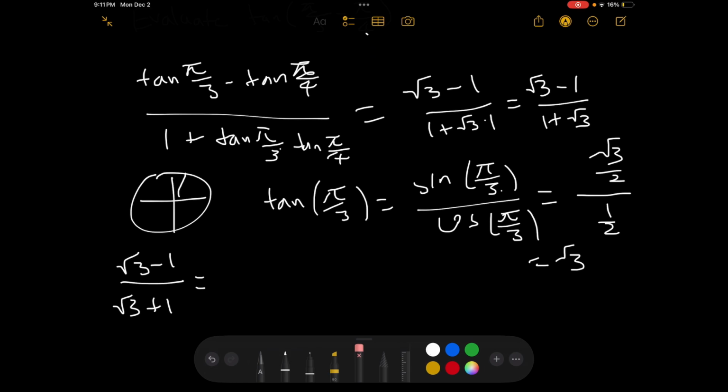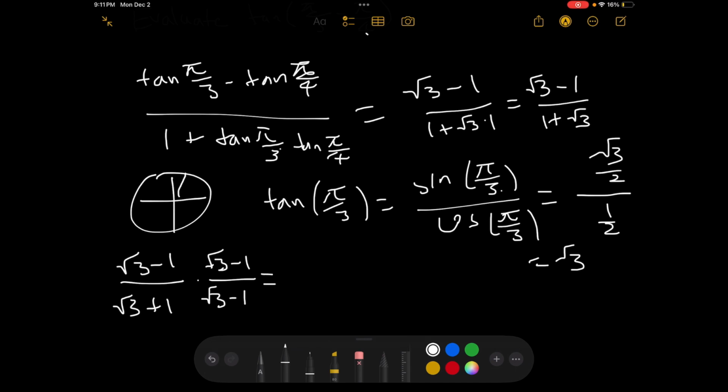We can multiply both sides by root 3 minus 1 without changing the value of the fraction, because root 3 minus 1 divided by root 3 minus 1 is just 1. And multiplying anything by 1 keeps the value the same.